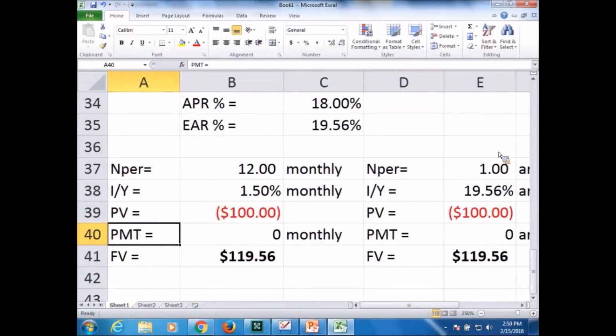So banks will quote to you the lowest rate. Sometimes you know the effective rate. Let's say you're on the other side of the table, and you want to quote the rate, and you want to make your customers feel happy.